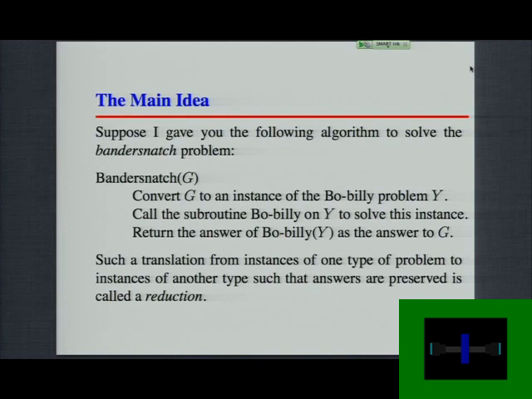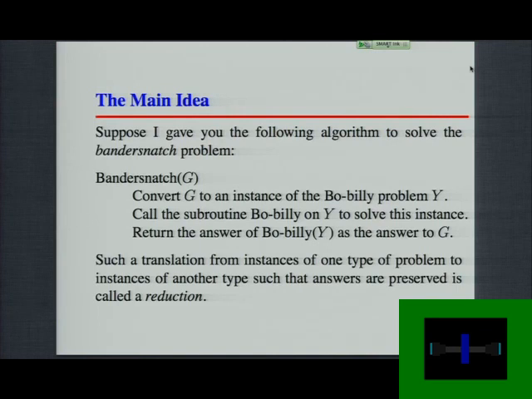So what is the argument here? If Bandersnatch sub G is absolutely positively hard, there's no fast way to do it. If you can show a way to translate the input of it into G, such that the solution of mobility on the translated input would give us the answer we want, then that means that mobility also has to be slow.